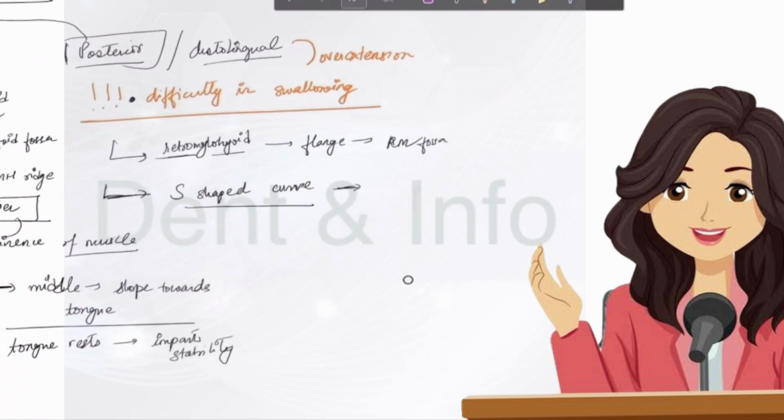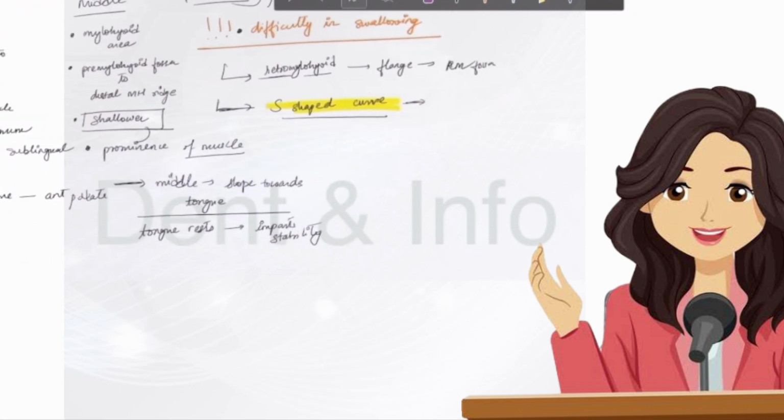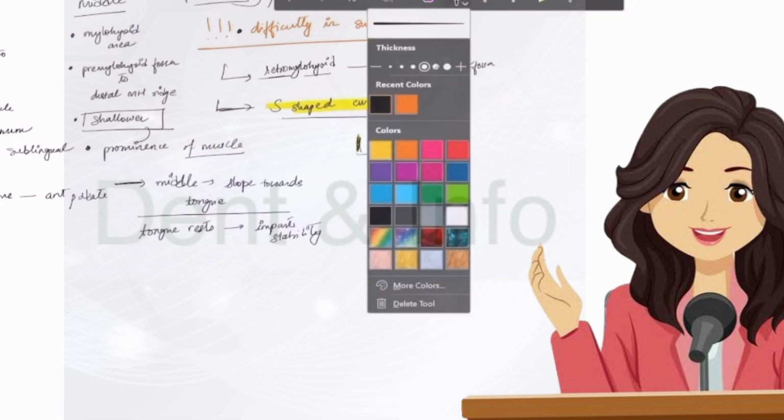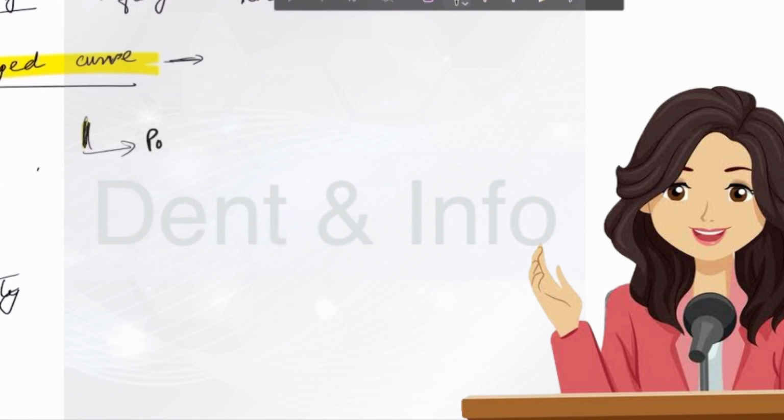You see an S-shaped curve that is formed because of the intrinsic and extrinsic muscles of your tongue. So a very specific S-shaped curve of your impression is formed because of the anatomy of the different parts of your alveolingual sulcus. Mainly, what is very important for the posterior border is the posterior limit, which is governed by which muscles?